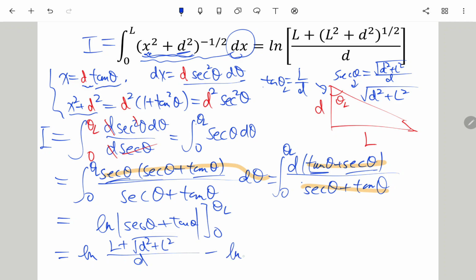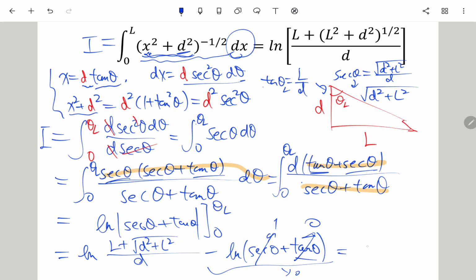Minus the natural log of secant 0 plus tangent 0. Tangent 0 is 0. Secant 0 is 1, since 1 over cosine 0 is also 1. Natural log of 1 is 0, so this whole term turns to 0.